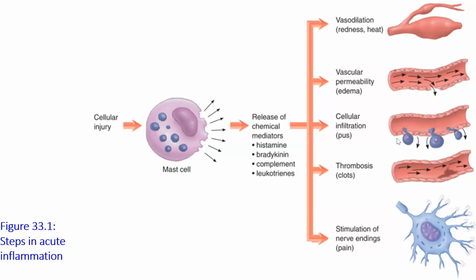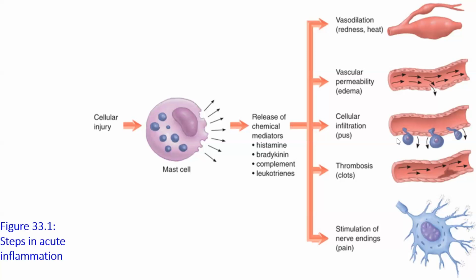The effect of these chemical mediators, mostly histamine, bradykinins, and the leukotrienes, will lead to vasodilatation, and that's why the inflamed site will be swollen, with redness and heat.